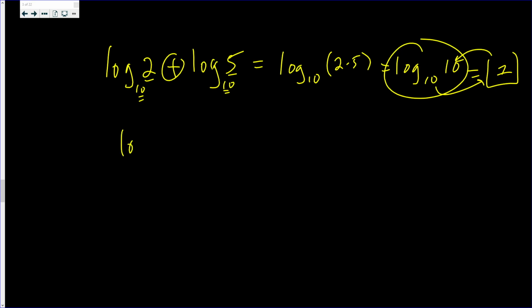If you have log base 2 of 117 minus log base 2 of 7, and you're not allowed to use a calculator, well, then I would think, well, this is log base 2 of 117 over 7.